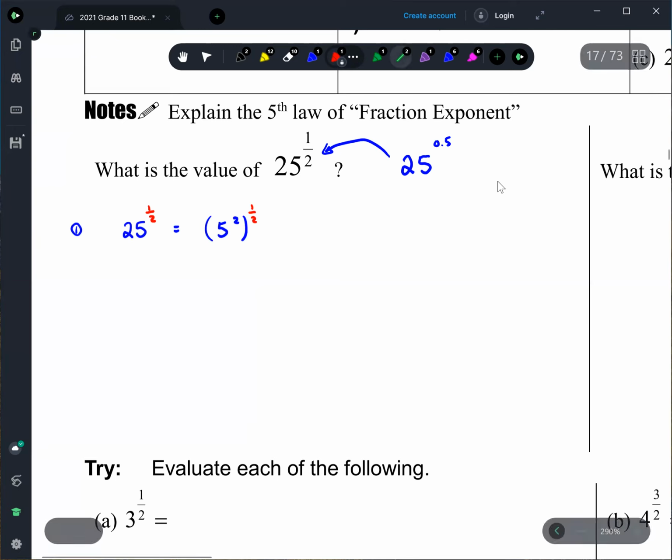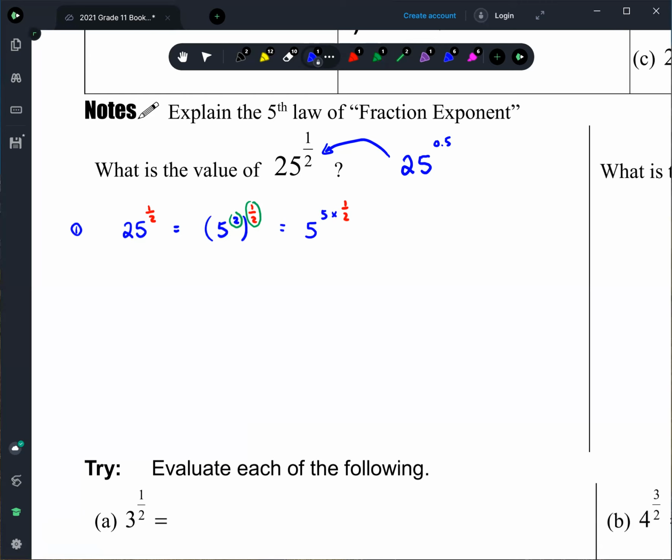So now you have one exponent on the inside, one exponent on the outside. Okay, what can we do with the two exponents now? Henry? You can multiply them. Okay, so we can multiply the 2 with the half. And what would that become then?